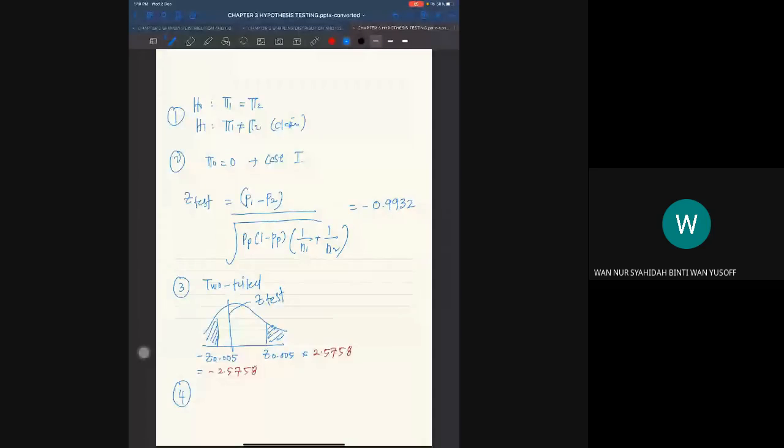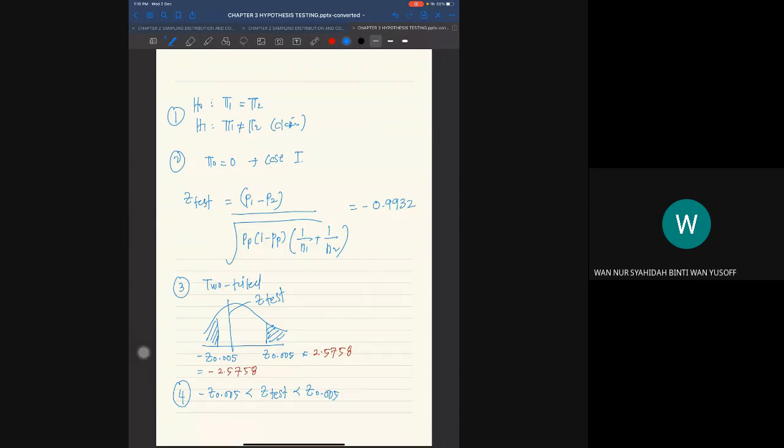So compulsory to write that negative 2.5758 is less than the Z test, and the Z test is less than the upper critical value.